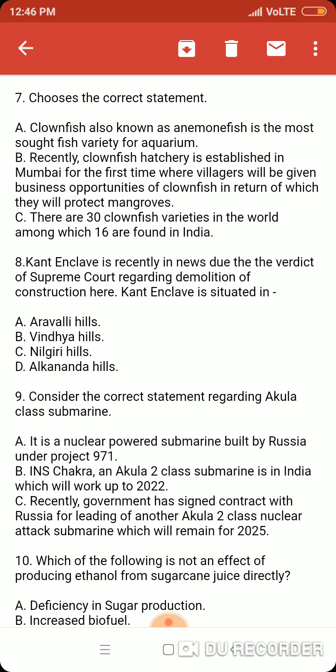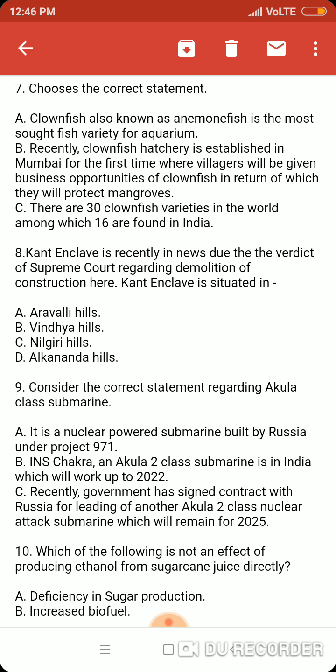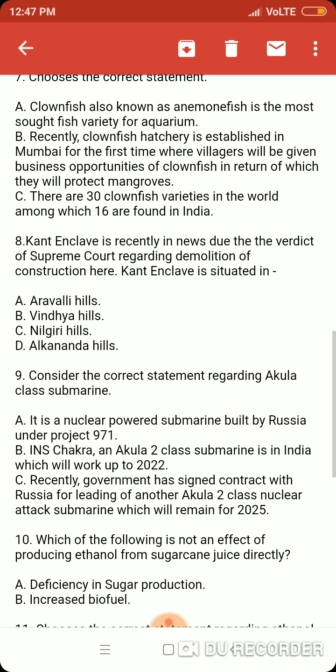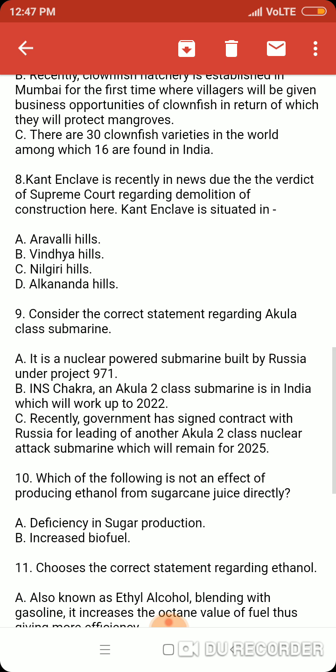It is equally important for mains, because it is a very innovative step where a mangrove belt has been selected, and in this belt there is a plan to establish a hatchery for clownfish, where the government will give local people an opportunity to be involved in this business, in return for the promise that local people will protect the concerned mangrove forest. Option C: there are 30 clownfish varieties in the world, among which 16 are found in India.